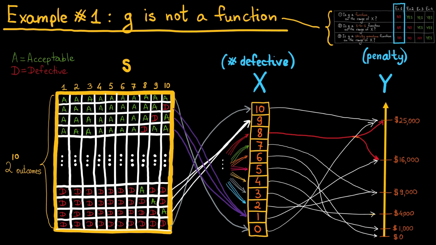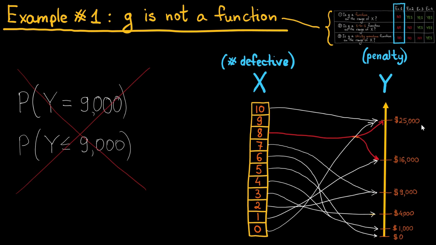And on top of that, for element 8 in the range of x, notice that it is mapped to 2 different values in the range of y, and so the well-definedness property of a function is also violated. So we have 2 reasons now to say that this transformation lowercase g is not a proper function.